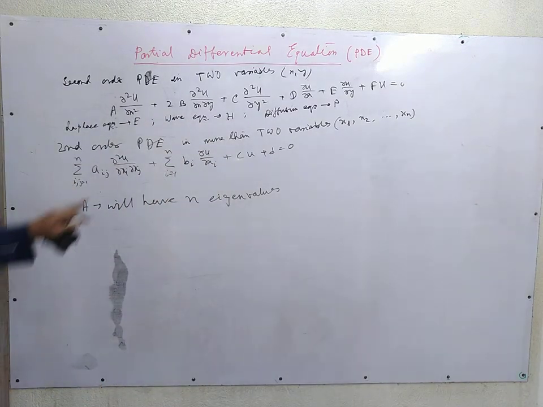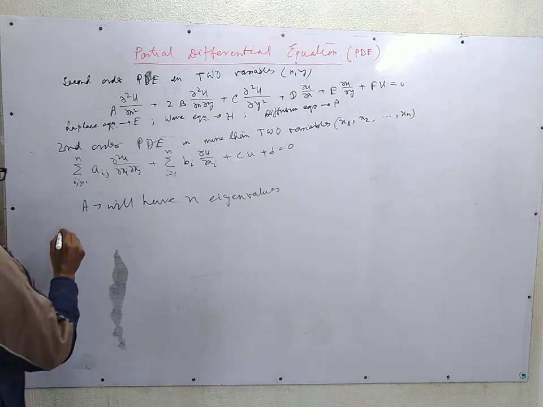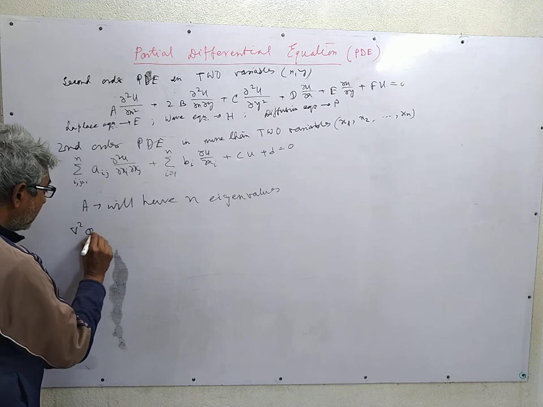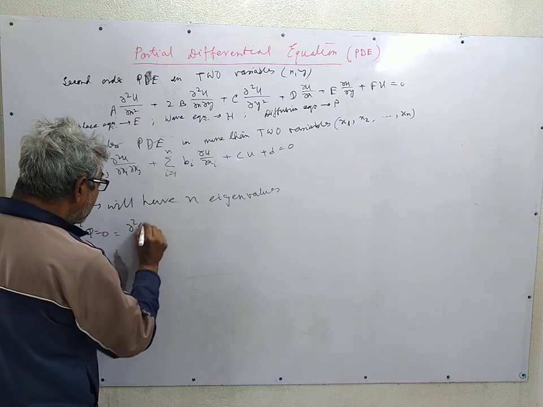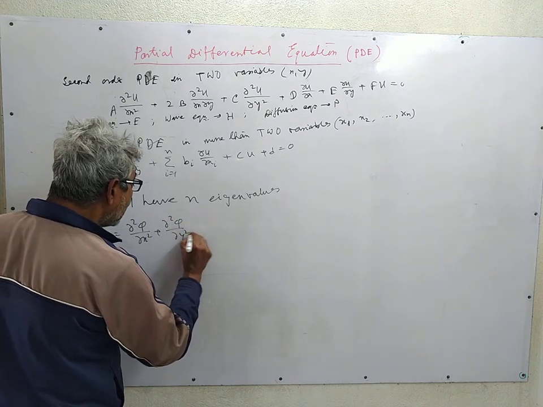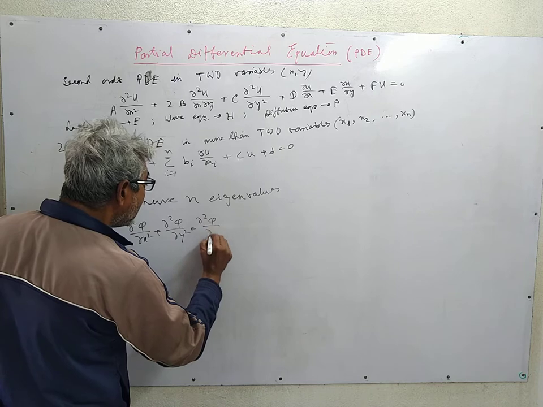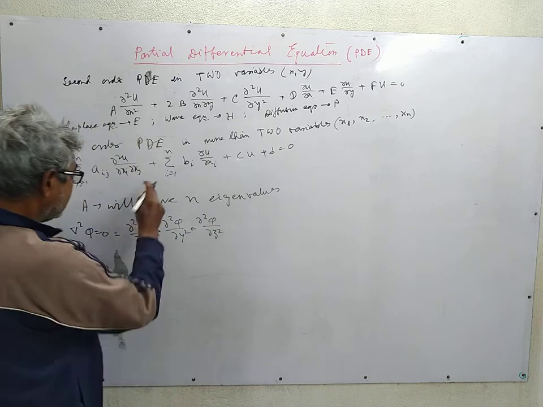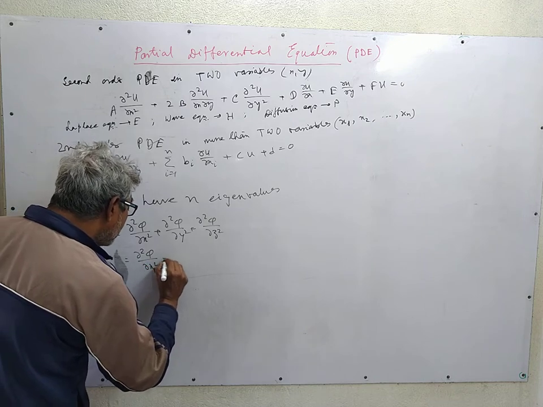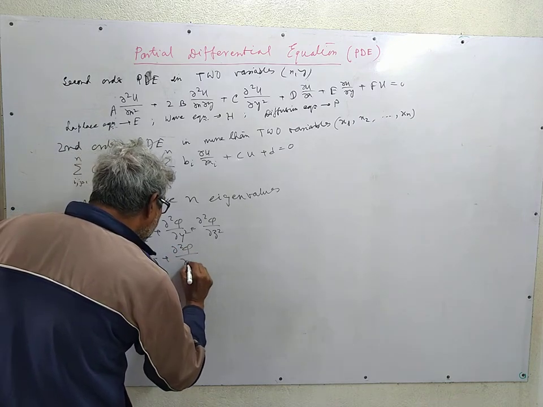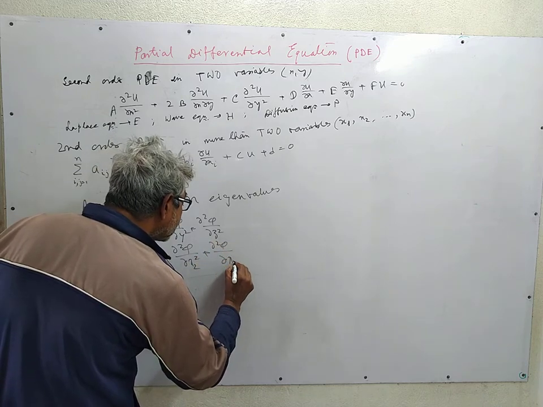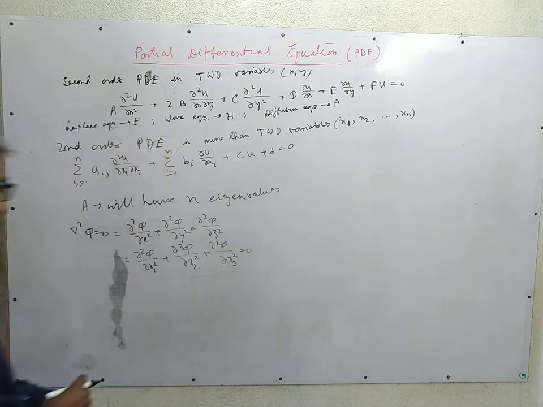Coming to Laplace's equation, in this notation it is del 2 phi del x1 2 plus del 2 phi del x2 2 plus del 2 phi del x3 2 is equal to 0.